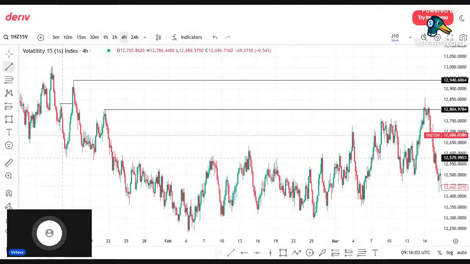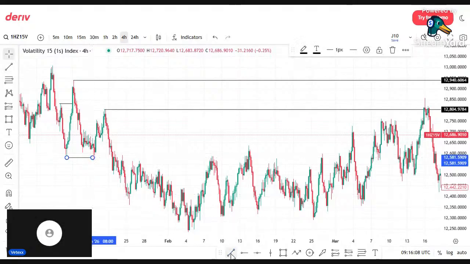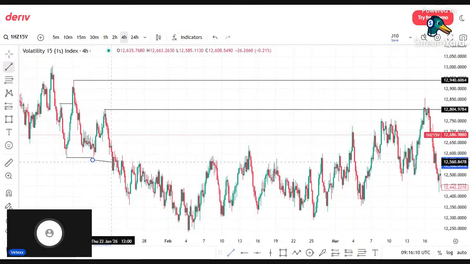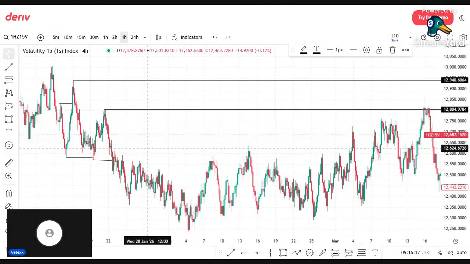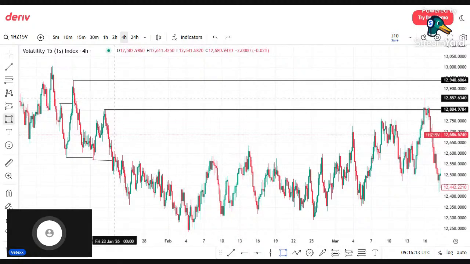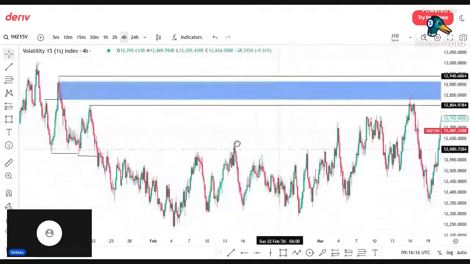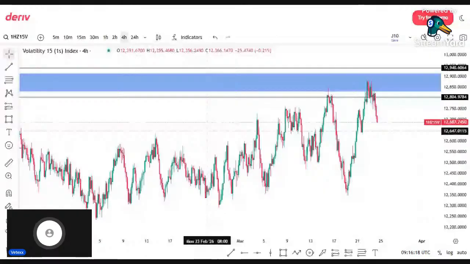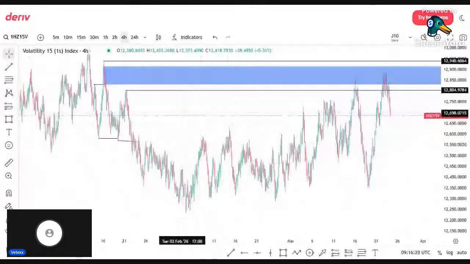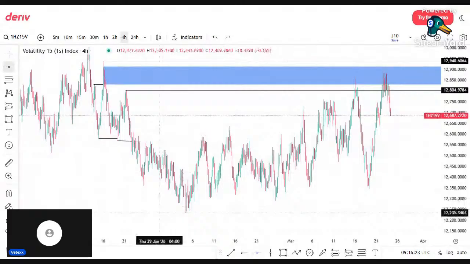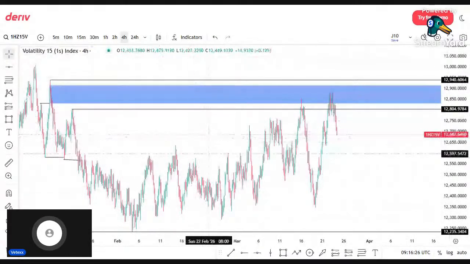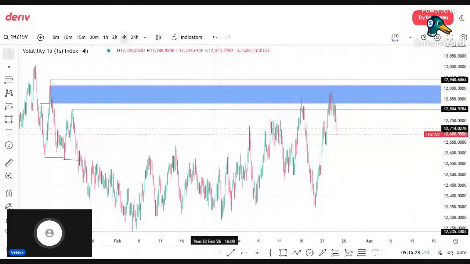You have the first break of structure here, and then we have the second break of structure, which is this, and this becomes our point of interest. All right. Now, since you know price is coming from here and it's going here, the next thing for you to do is look out for your continuation setup.